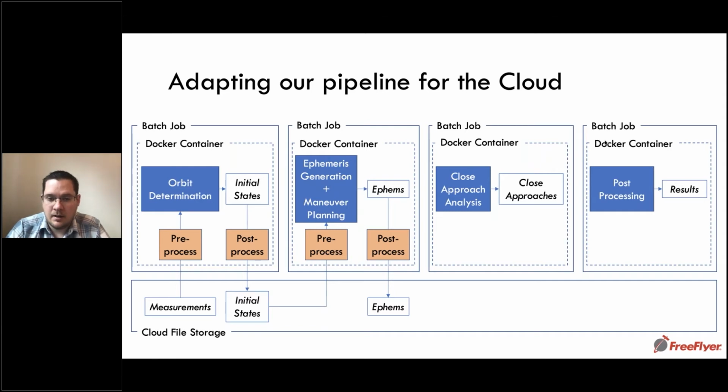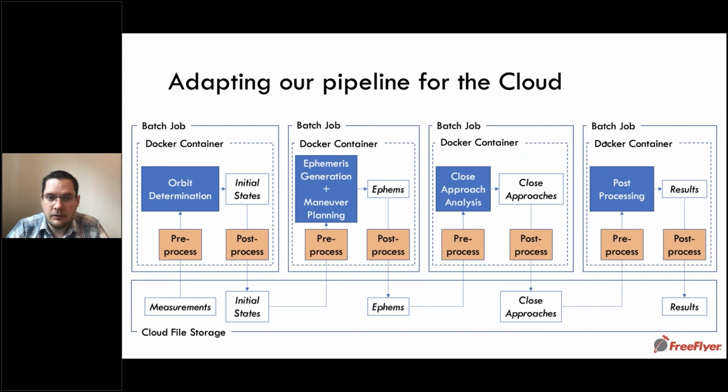And we continue on and on. So we have a pattern here where we've taken our FreeFlyer mission plans and we run them inside of Docker containers as part of a series of batch jobs. We use these pre-processing and post-processing steps to move data in and out of cloud storage.